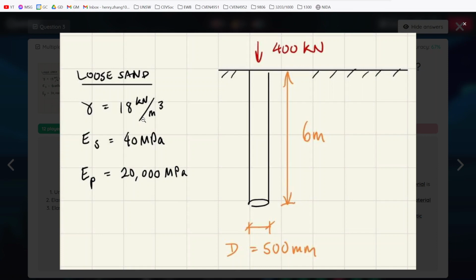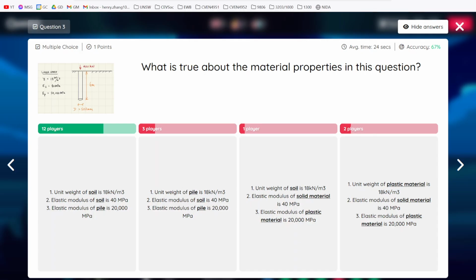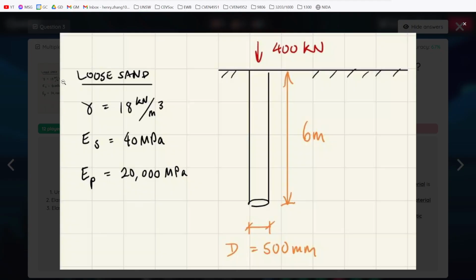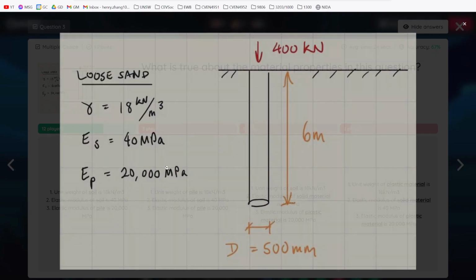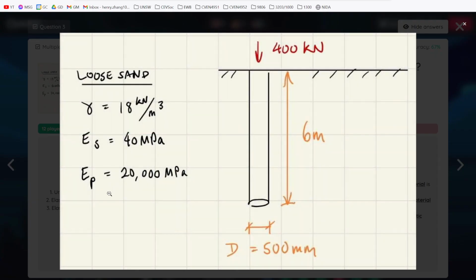If you see it in concrete, it might be a different story. So E refers to elastic modulus, of course, and ES specifically, we're talking about the soil material. EP refers to the pile material. This kind of caught me off guard because in concrete, EC is the concrete material, but in this topic, EP refers to the pile material.